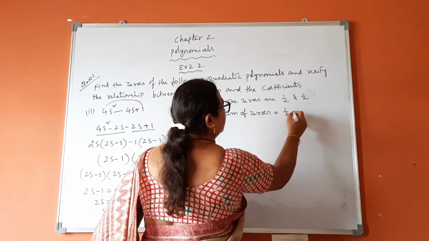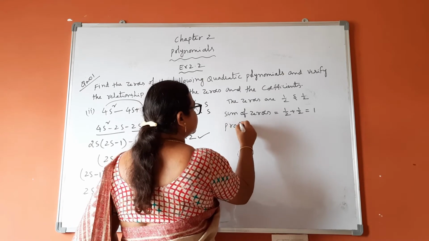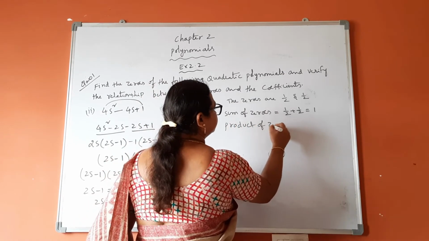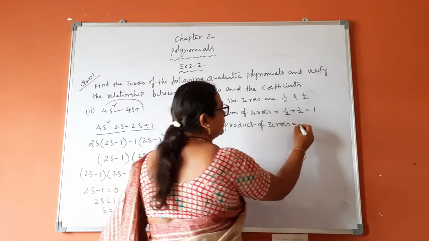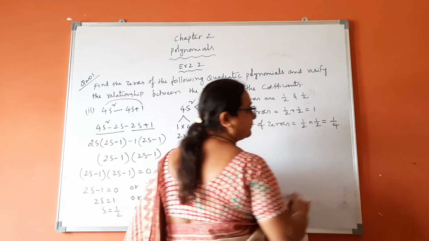Now sum of zeros is equal to half plus half, 1. Product of zeros is equal to half into half, that is equal to 1 by 4.